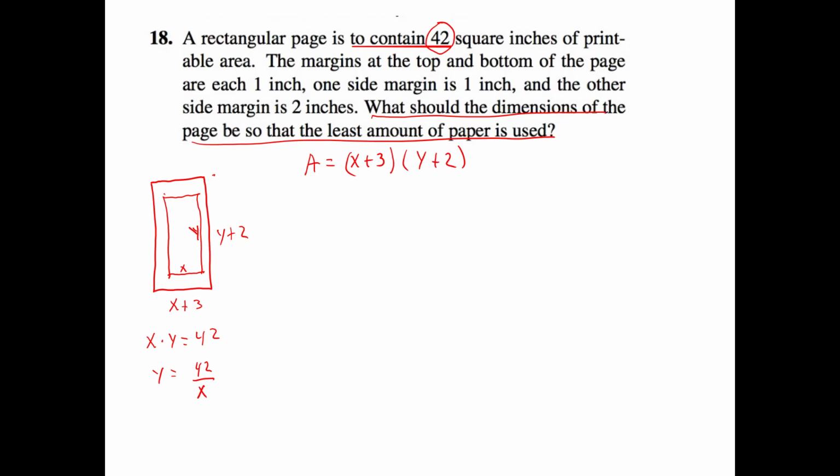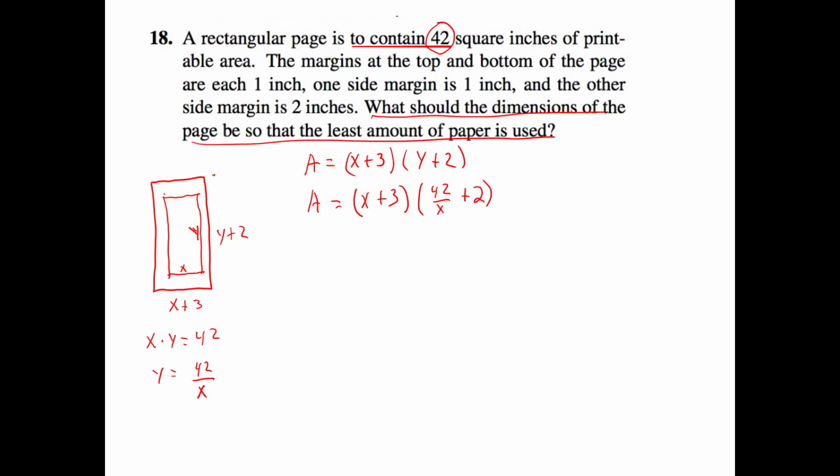So then we can write our area as x plus 3 times y, which is 42 divided by x, plus 2.